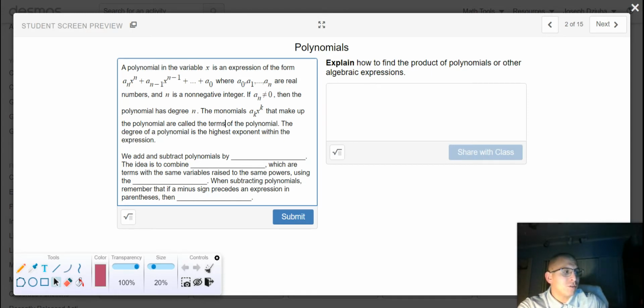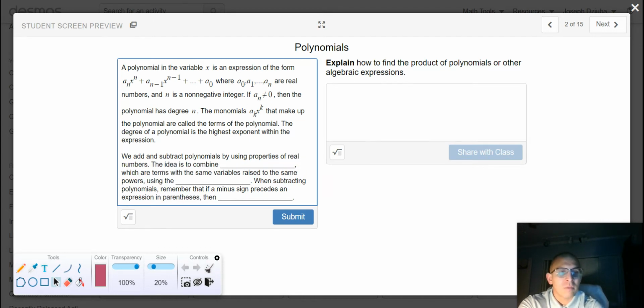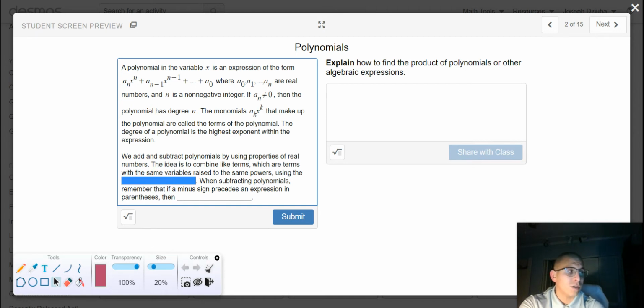In terms of algebraic manipulation, we add and subtract polynomials by using properties of real numbers. More or less it works the same way it did when you were adding 2 plus 3 and subtracting 7 minus 4. The idea is to combine like terms, which are terms with the same variables raised to the same powers, using the distributive property.